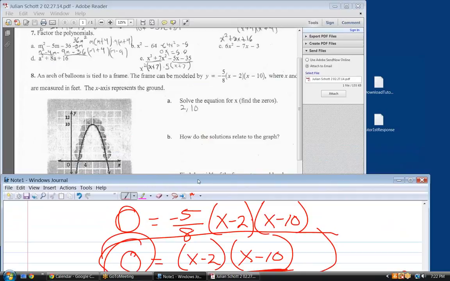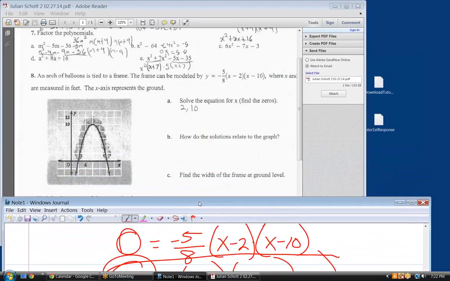How do the solutions relate to the graph? We just found the zeros for x to be 2 and 10. So what does that mean for the graph we're looking at? That's a 0 point, right?